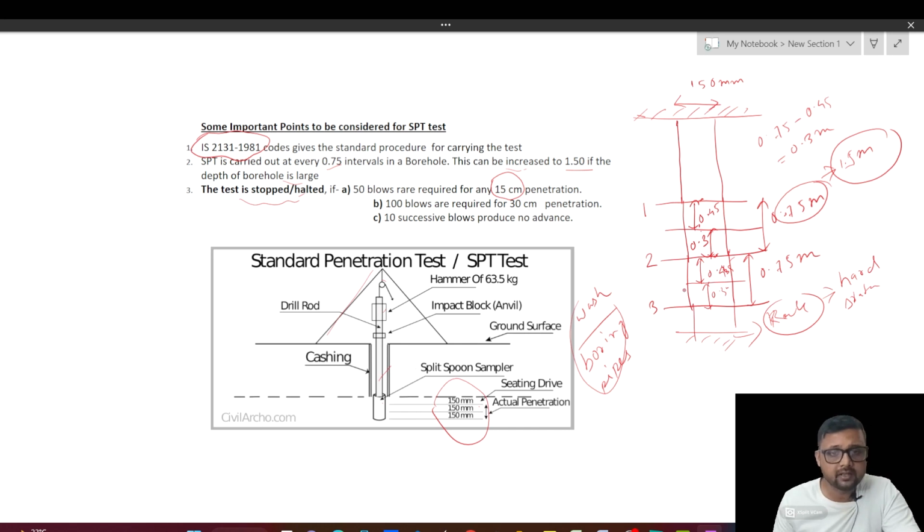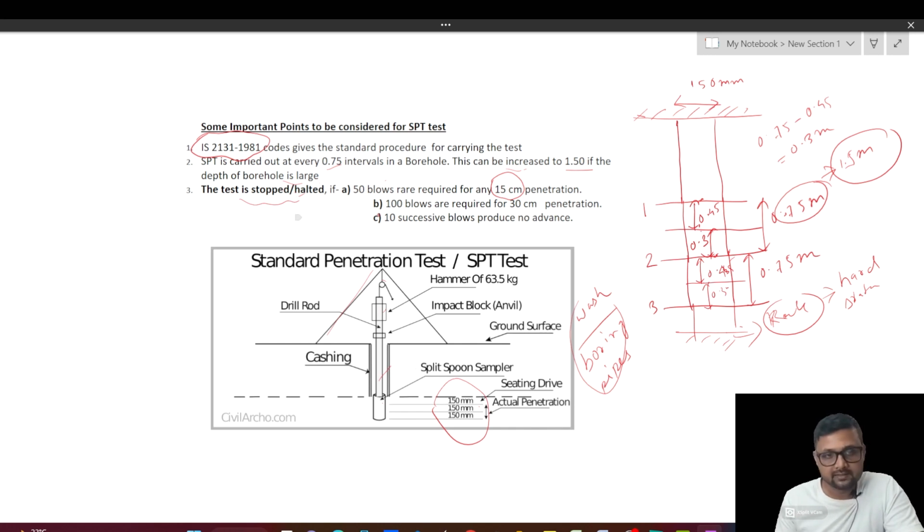In rock or hard strata, you cannot penetrate. So 50 blows are required for any 15 centimeter penetration. That means the soil is so hard that to penetrate only 15 centimeter we require 50 blows. In that case, the test is stopped and halted.